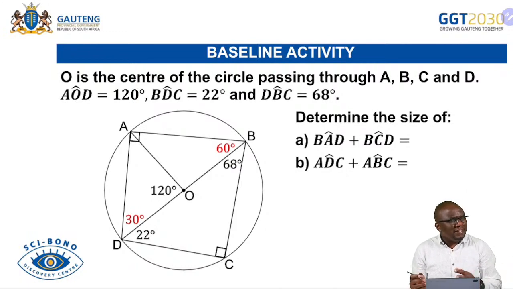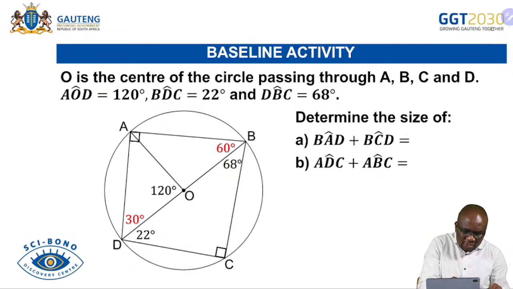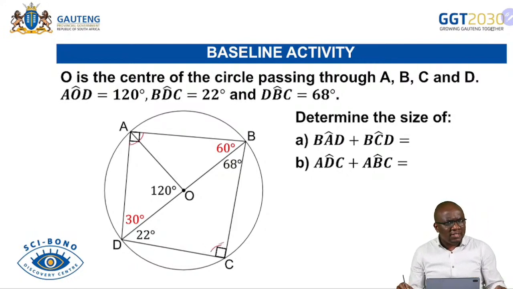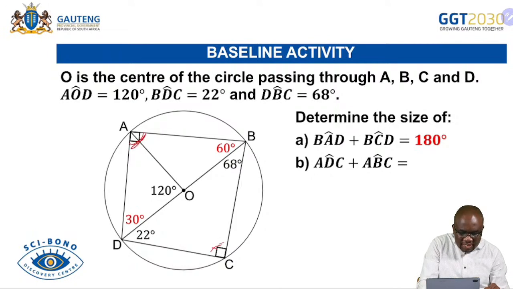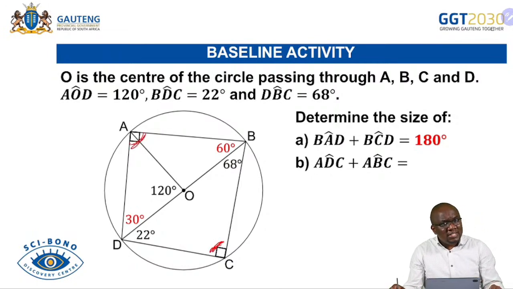So we say this one is 90, this one is 90, and then if we add them, we get 180 degrees. Do you believe me now? Remember when I said that opposite angles of a cyclic quad are supplementary? Do you see that this angle plus this angle is equal to 180 degrees?